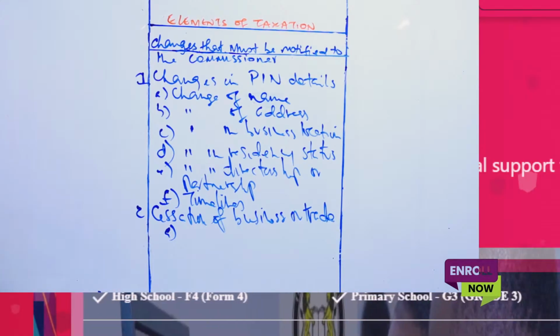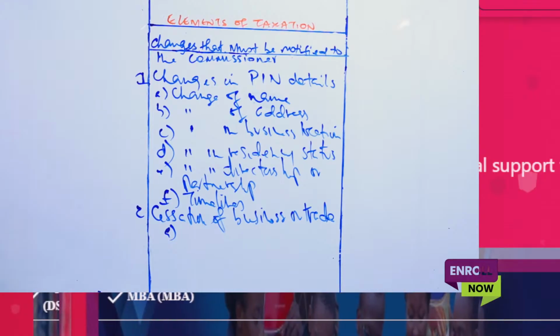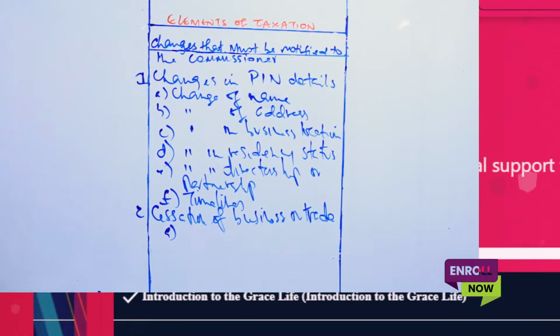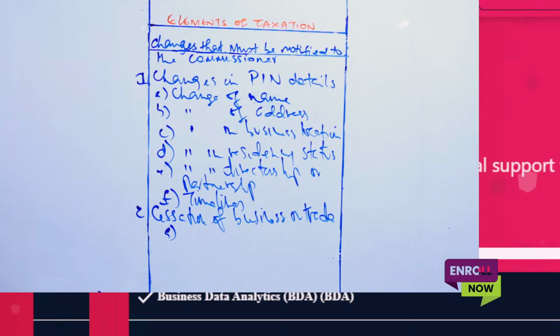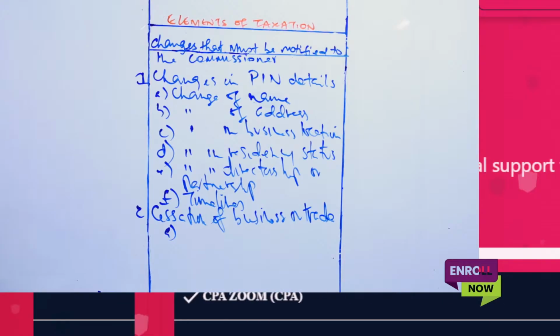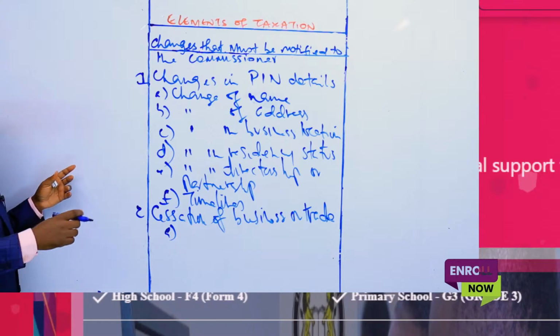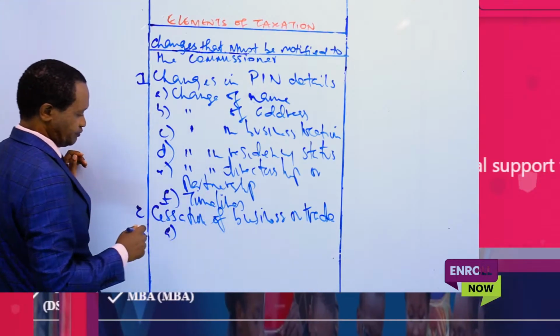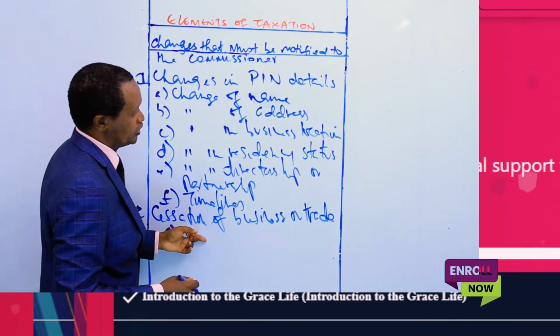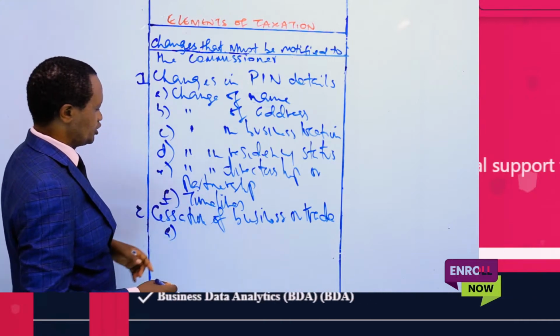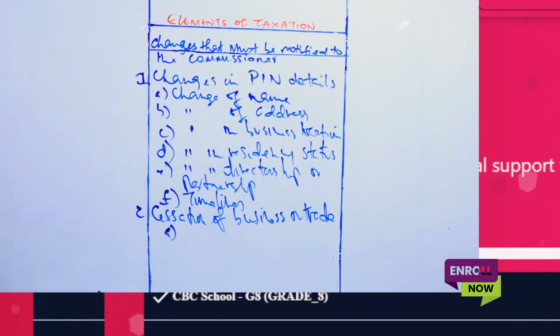Here, the application for deregistration should be made promptly upon cessation or qualifying for deregistration, and certainly before winding up operations. So those are the timelines. So cessation of business has to be communicated to the Commissioner. That is the second type of change.